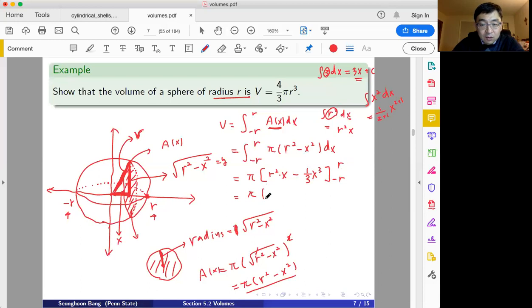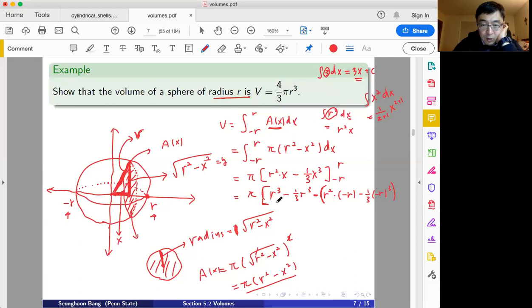Pi times, you plug r cubed, minus, plug r, 1/3 r cubed is the first one, minus, plug minus r into x, r squared times negative r, minus, you have to keep this one, minus 1/3 negative r cubed.